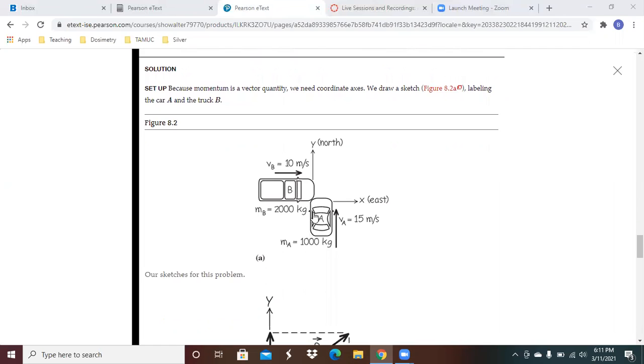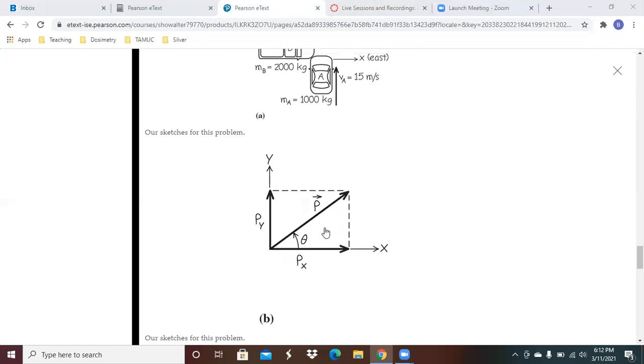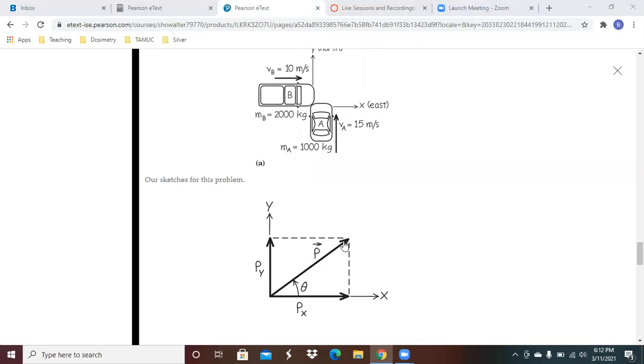So we set all of this up. This is traveling north, this is traveling east, and these are the situations. So we have momentum in the y direction, we have momentum in the x direction, and right before the collision, we will have a momentum vector that will look something like this.